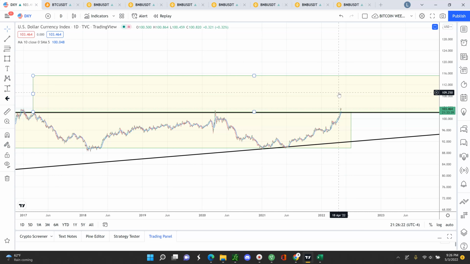A lot of people don't realize that Japan is the top holder of U.S. bonds, trillions of dollars. If they were to sell their bonds, that would flood the global markets with U.S. dollars, and we know that drives down the value of that currency. So DXY would react negatively to that, and I think the overall markets would react negatively to that. So that's just something to keep in mind.